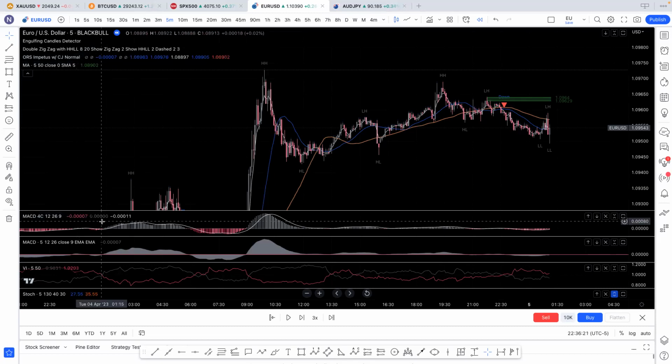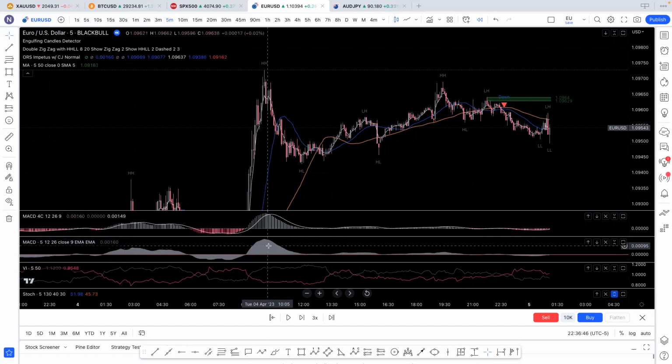I've also added some oscillators here. I have the MACD 4C, which is on the regular time frame. I have the MACD, the moving average convergence divergence oscillator, on, and I have the time frame set at 5 minutes.